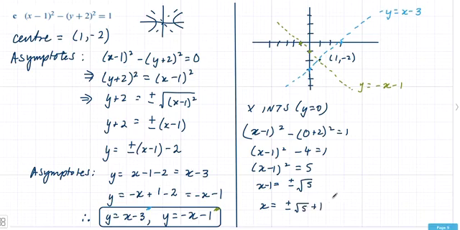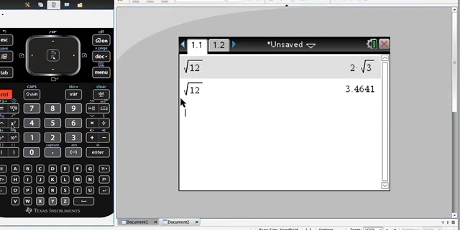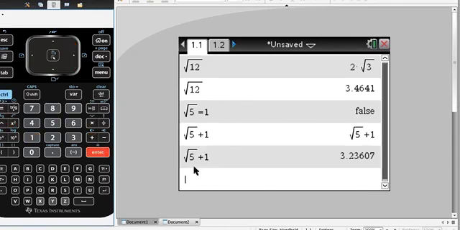Now that's kind of ugly, so you can find the approximate solution by using your CAS as well. So we'd have square root of 5 plus 1, and just do control enter. So it's about 3.23.